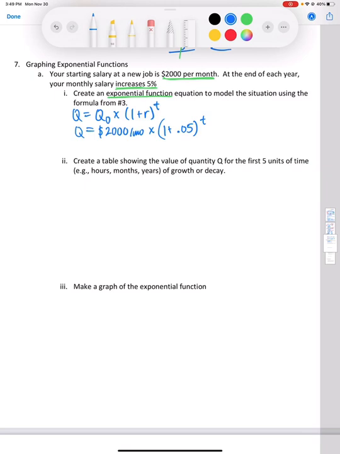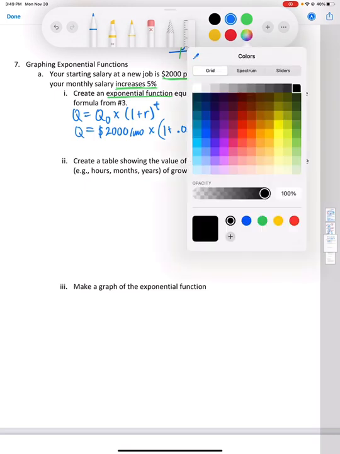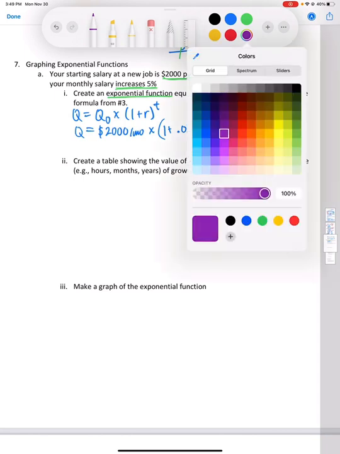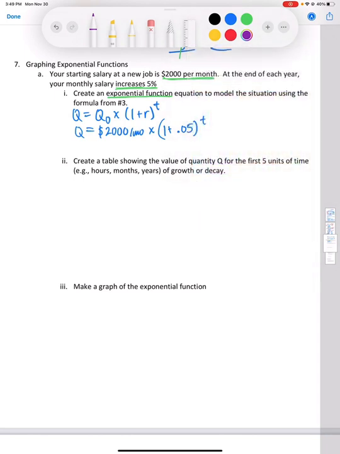Or months, since the rate is 5%. Oh, the monthly salary increases 5% at the end of each year. So yeah, time will be in years. So what we have here is that t is what rules the whole equation, okay? And that's what we will say is our independent variable.